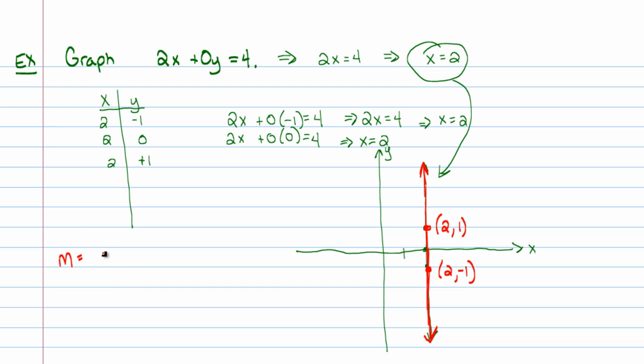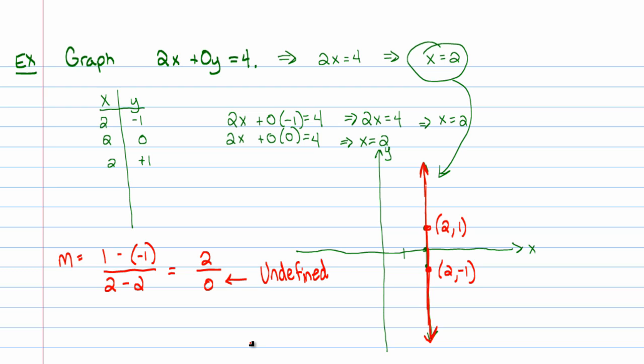So let's see, difference in y values, so 1 minus a negative 1, over difference in corresponding x values, so 2 minus 2. So the numerator, 1 minus a negative 1, becomes a positive 2, actually. The denominator is 0, and now we have this dreaded division by 0. You cannot divide by 0. That leads to something called undefined, or a number being undefined.